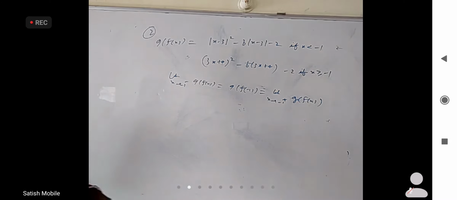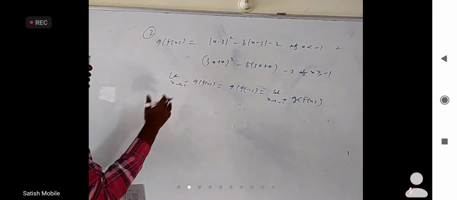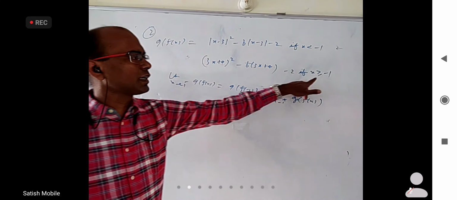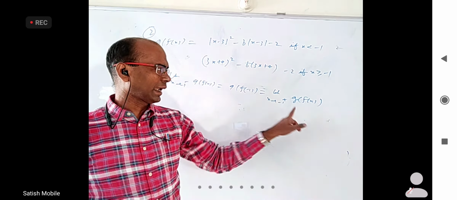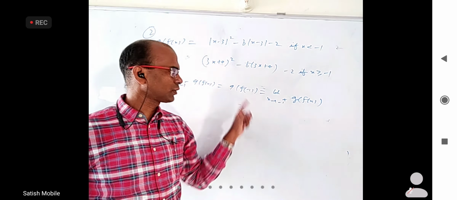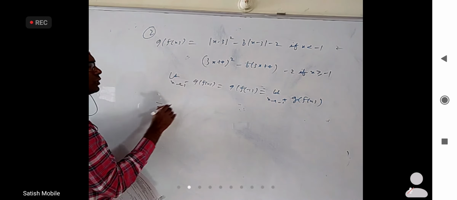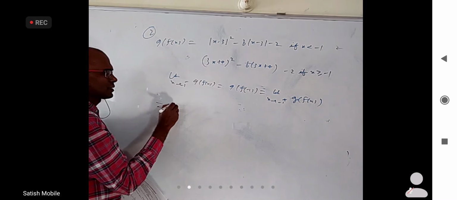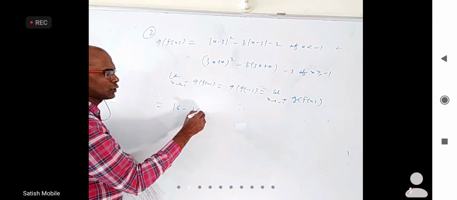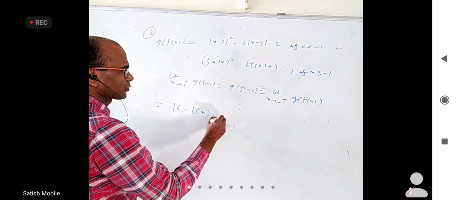At minus 1 you can find the right limit, left limit and function value. But because here it is greater than or equal to minus 1, the right limit and function value will be the same, so I only need to write one. The left limit comes from this one. So directly substitute minus 1, what will happen? 16 minus b into 4 minus 2.